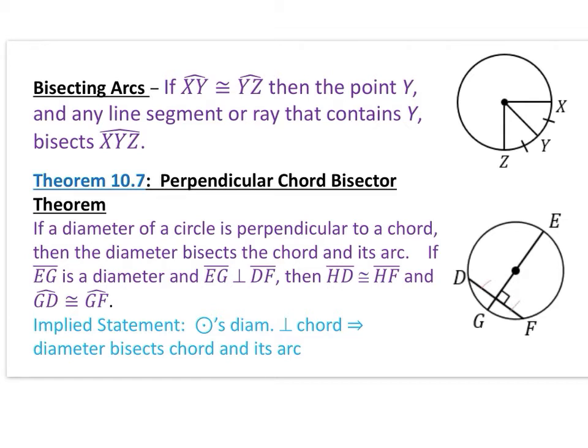Therefore, arc GD is congruent to arc GF. And here's our implied statement: circle's diameter perpendicular to the chord implies diameter bisects chord and its arc.